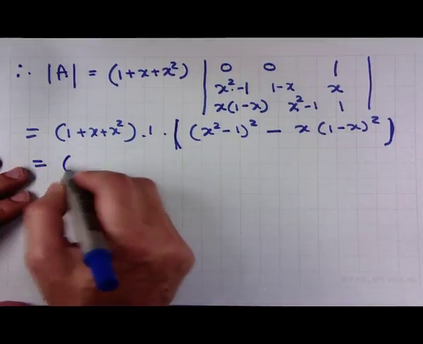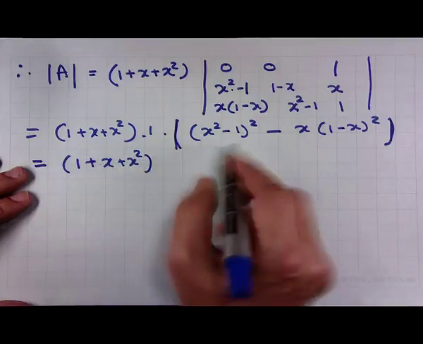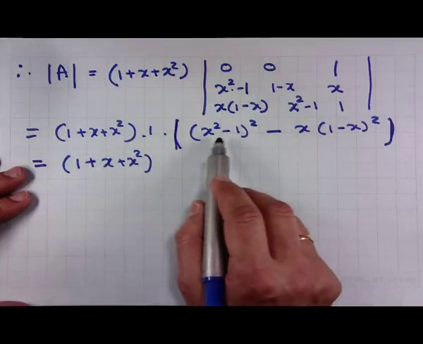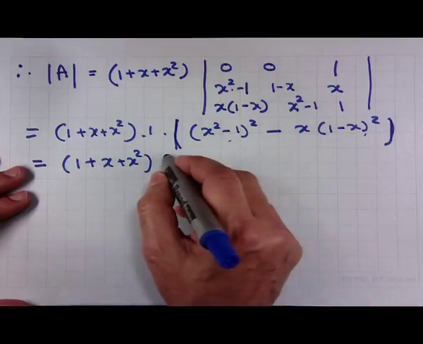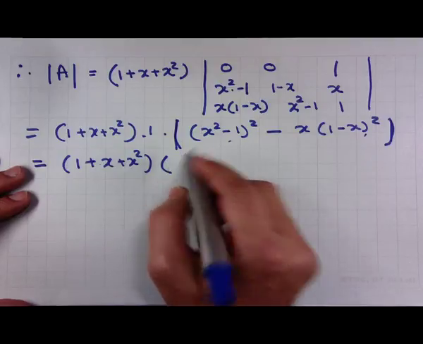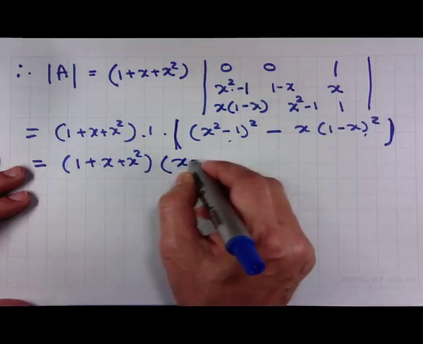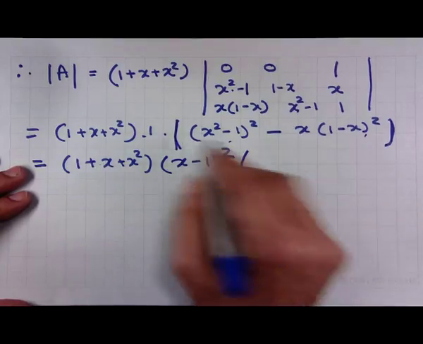So this is equal to 1 plus x square. Now I can take x minus 1 whole square common from both the terms. Then what is left here?